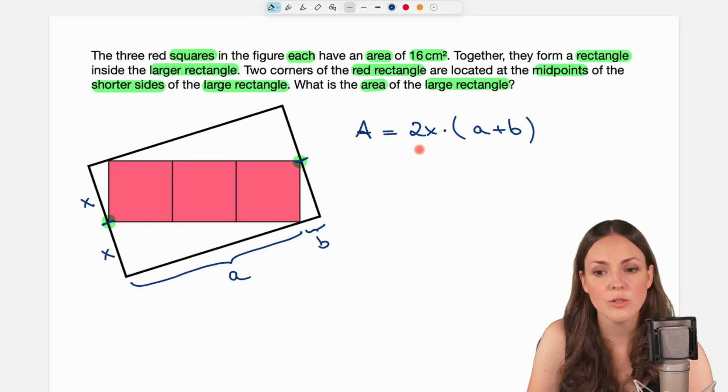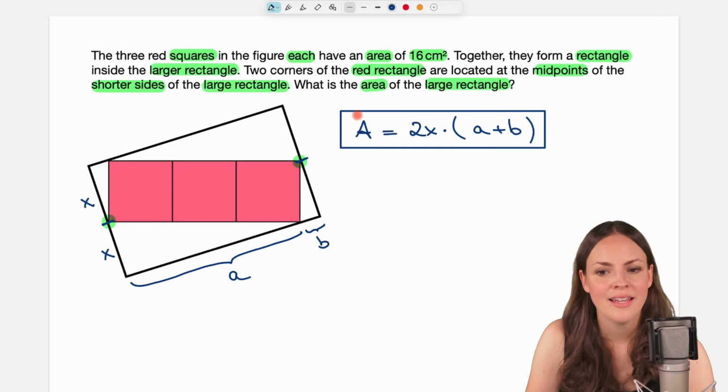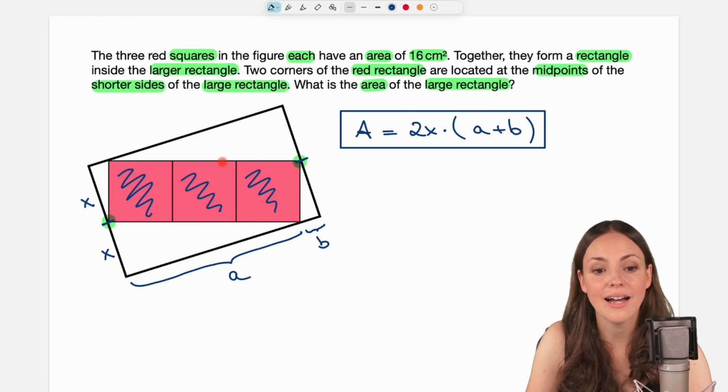The only problem is we don't know x, we don't know a, and we don't know b. So we have three unknowns in here. But let's keep this formula in mind, this is our plan. If we take a look at this large rectangle here, these three red squares lie inside this rectangle.